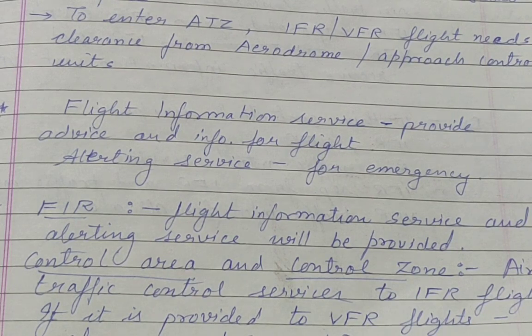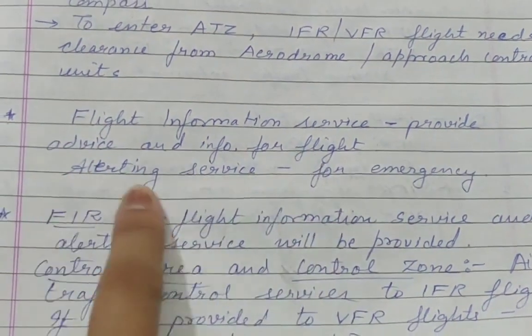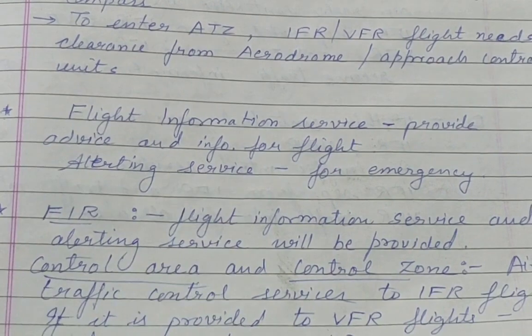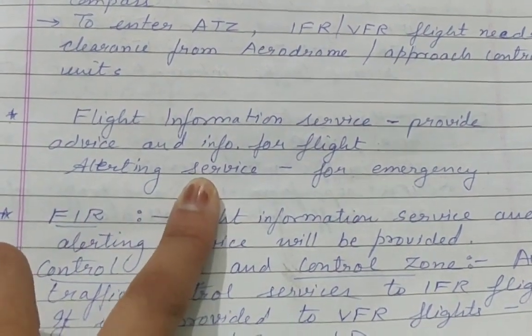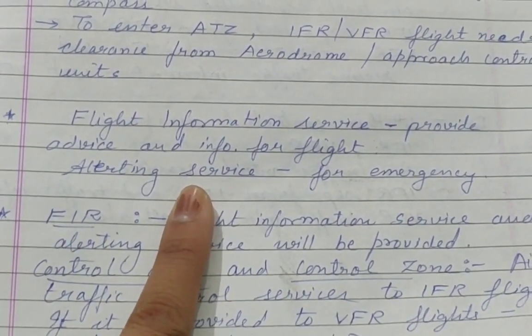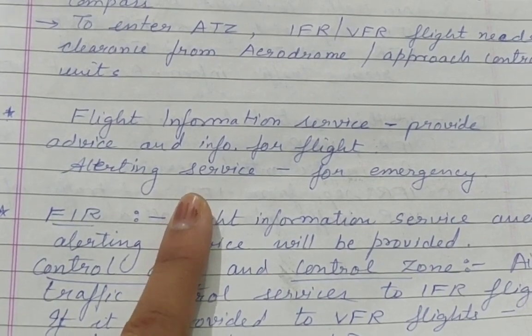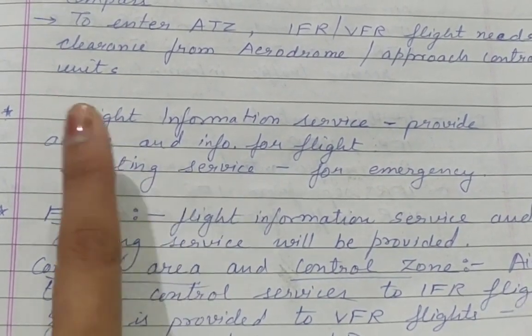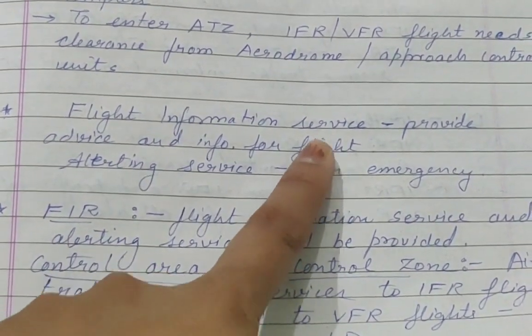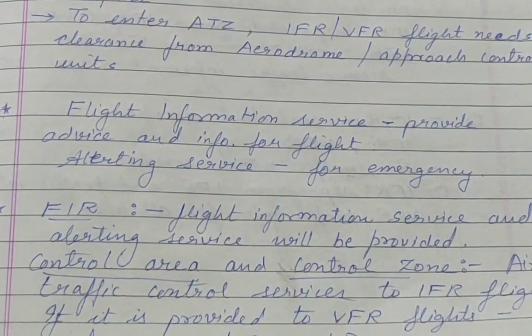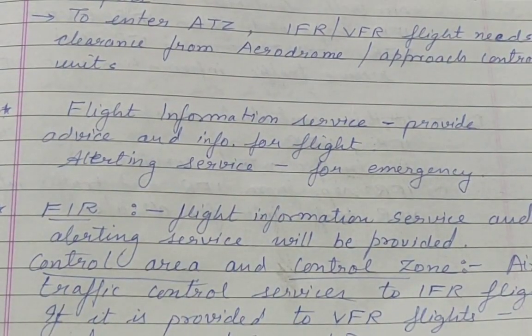Next are the flight information services. Apart from that, there are flight information services as well as alerting services. As the name suggests, the alerting service will alert the aircraft in case of any emergency, urgency, or search and rescue operations. The flight information service provides you certain information after ATCS. ATCS is Air Traffic Control Service; we'll be reading about it later.